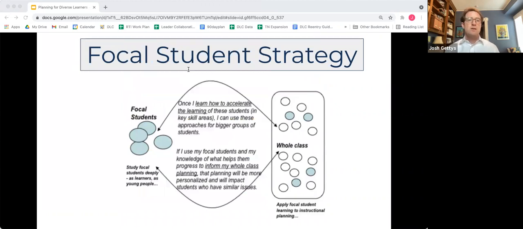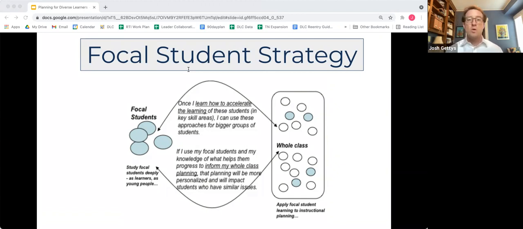Looking at the diagram there, I'm just going to read through a little bit of it, but it says, once I learn how to accelerate the learning of these students in the key skill areas, I can then use the learnings and approaches for the bigger groups of students. If I use my focal student and my knowledge of what helps them progress to inform whole class planning, then that planning will now be personalized and will impact students who have similar challenges. So by focusing on focal students, teachers become more effective for all students.